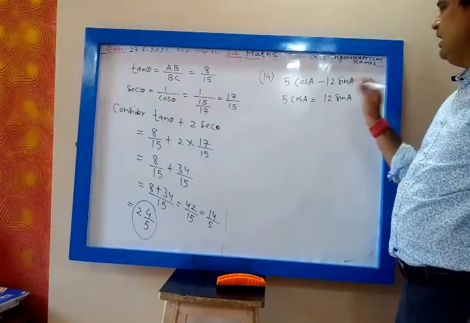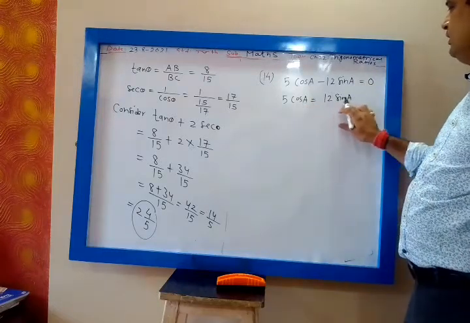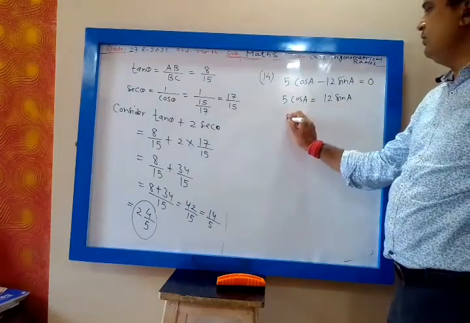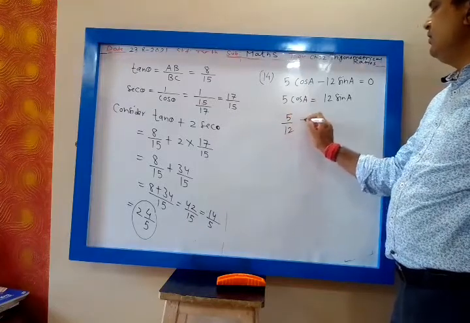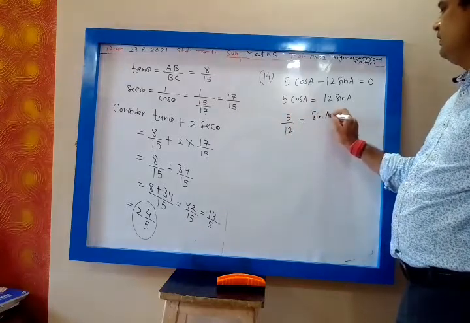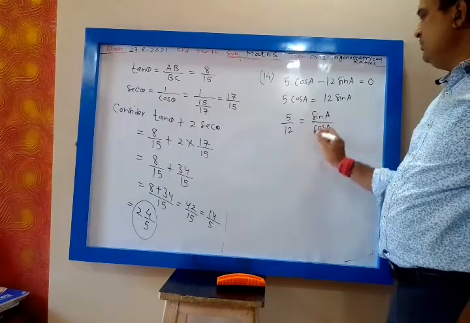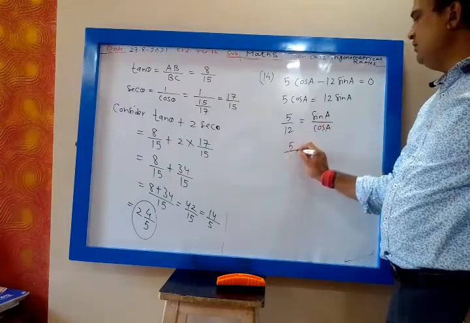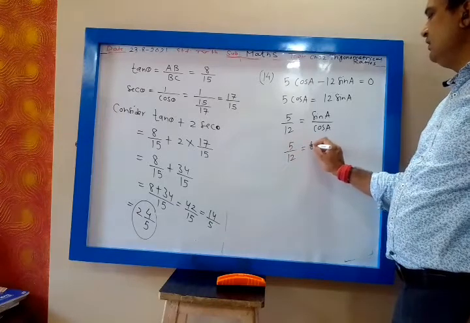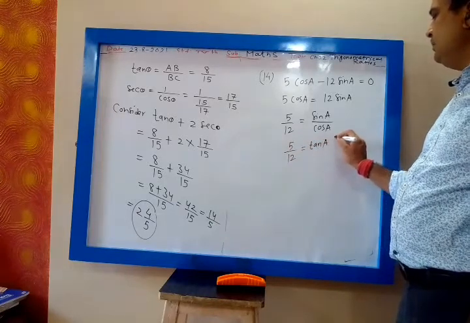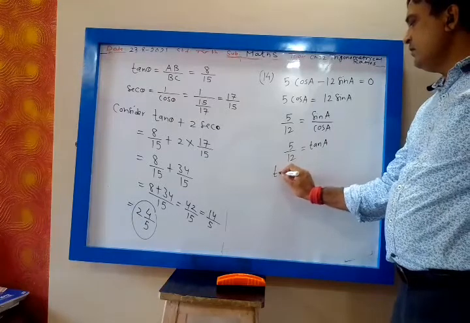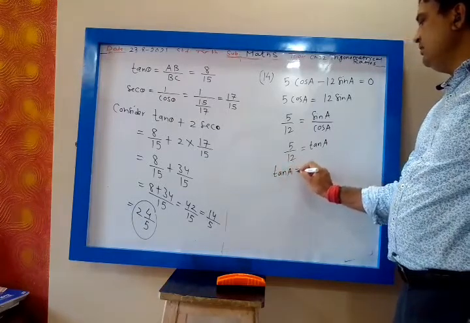So try to get tan. So cos I will bring here, 12 I will bring here. So 5 upon 12 is equal to sin A upon cos A. Sin A upon cos A is tan. So 5 upon 12 is equal to tan A. So my tan A is 5 by 12.